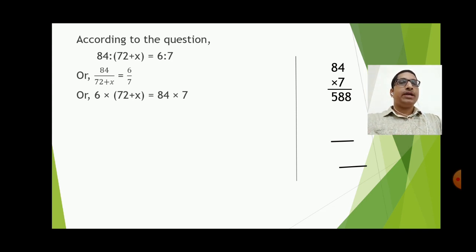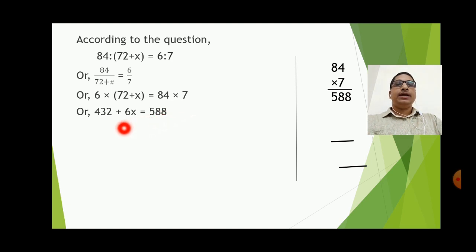So if we multiply 84 by 7, then it will be 588. Now if we multiply 6 and 72, then it will be 432. And if we multiply 6 and x, then 6x, and 84 multiply 7 equals 588.